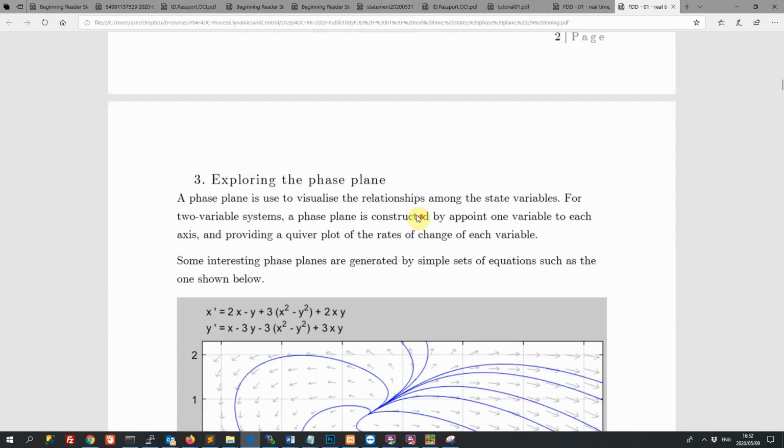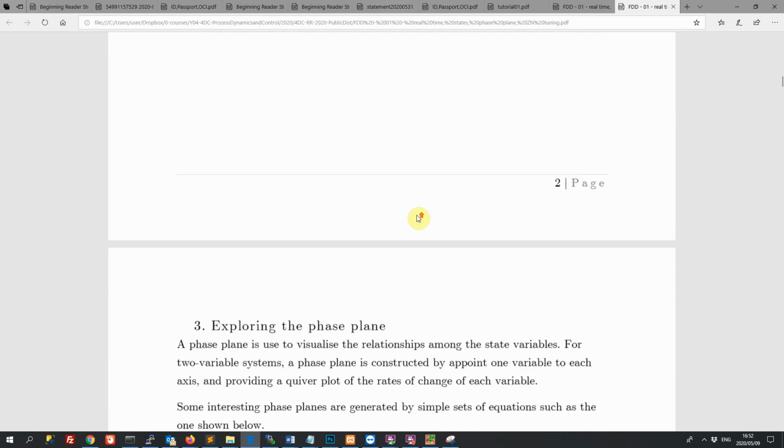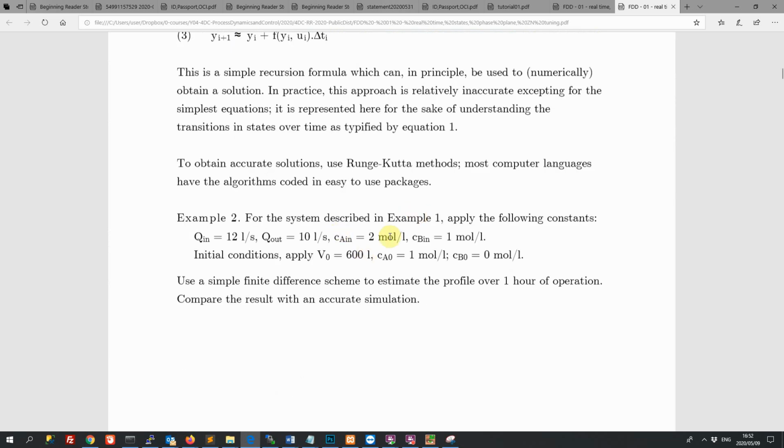So when writing this balance, we have to be very careful in what we mean here. Ca naught, that was the concentration in the reactor at time t naught. That's not the same as the concentration in the inlet stream to the reactor.